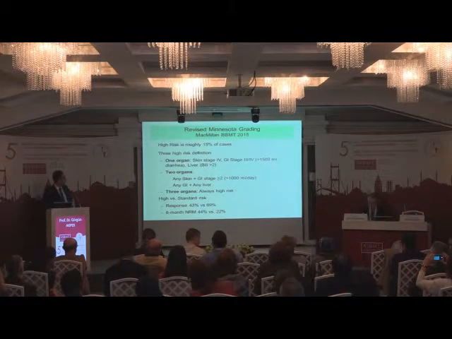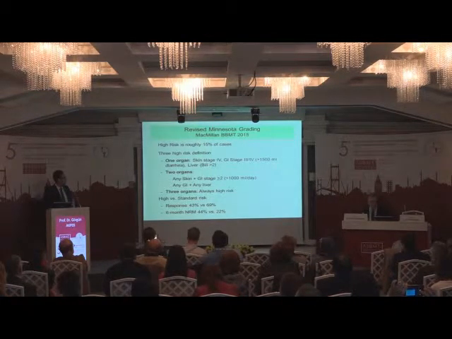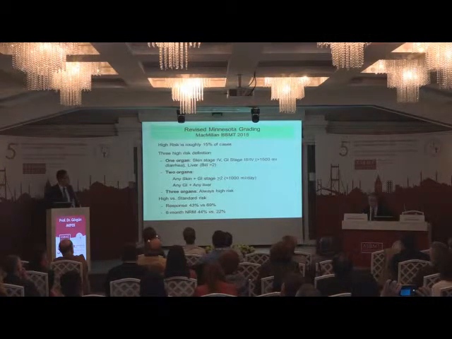With one organ, if you have a patient with stage 4 skin disease, that's automatically high risk. Even if they don't have any other manifestation of graft versus host disease, stage 4 skin, stage 3 or 4 GI, or bilirubin greater than 2 by itself makes the patient high risk.